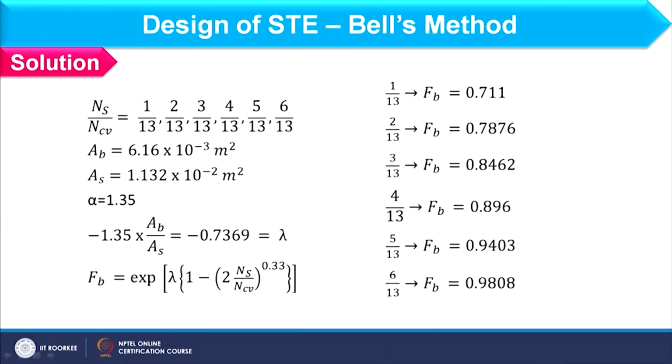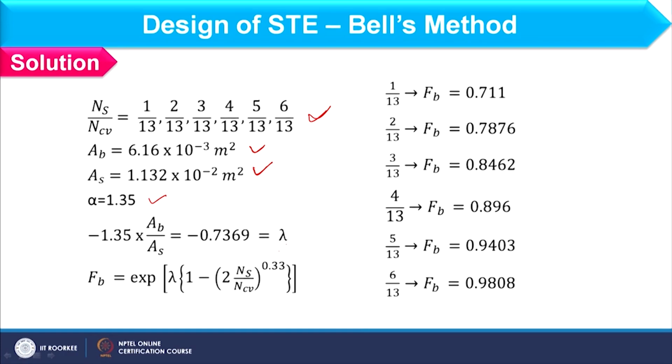If I have NS and NCV like 1 by 13, 2 by 13 in this way, we can further obtain AB and AS, which we have already calculated and used in the FB calculation in the last equation. Here the alpha value should be used as 1.35 depending upon the flow, right.